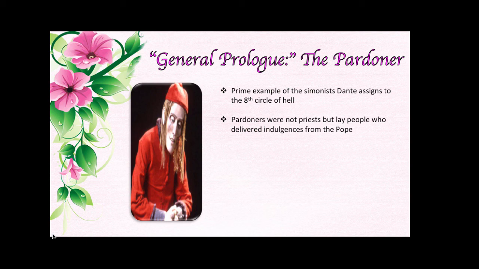Now you can see where this was really open for abuse. And as Cooper points out, that's exactly what our pardoner does. There's the implication, even in the General Prologue, that the indulgences that the pardoner has, they don't come from Rome.